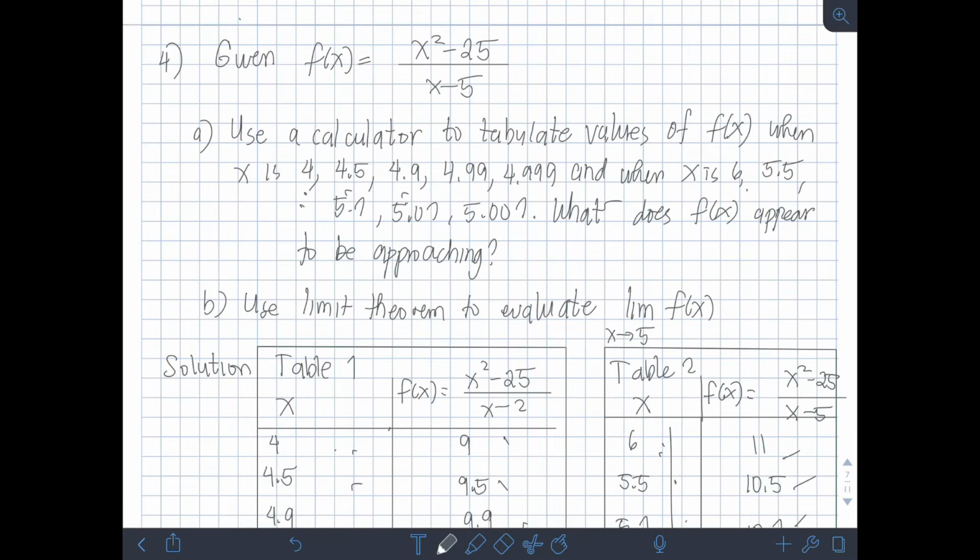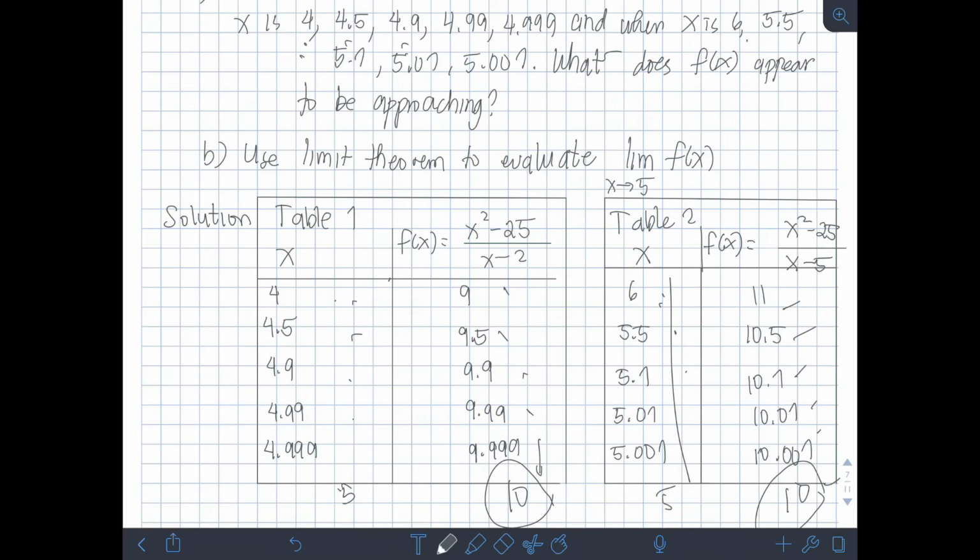Okay, so dito pinakita natin yung concept na kapag nag-substitute tayo ng value doon sa x na nag-approach sa 5, which is not exactly equal to 5, ay ma-approach nga yung certain value din ng f of x na 10.